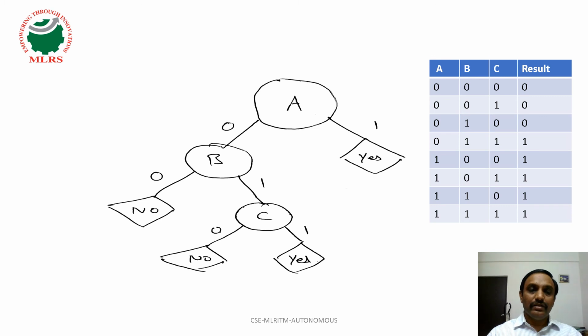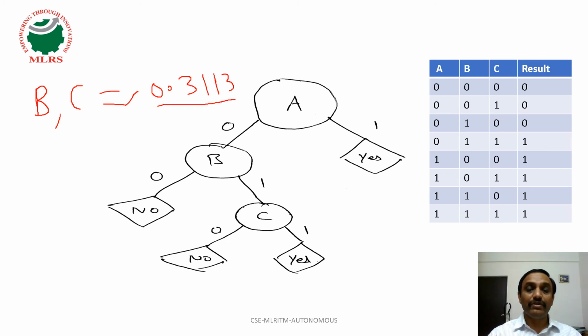So by calculating the information gain of B and C, the value you got is 0.3113. For both attribute B and attribute C, the information gain value is the same.